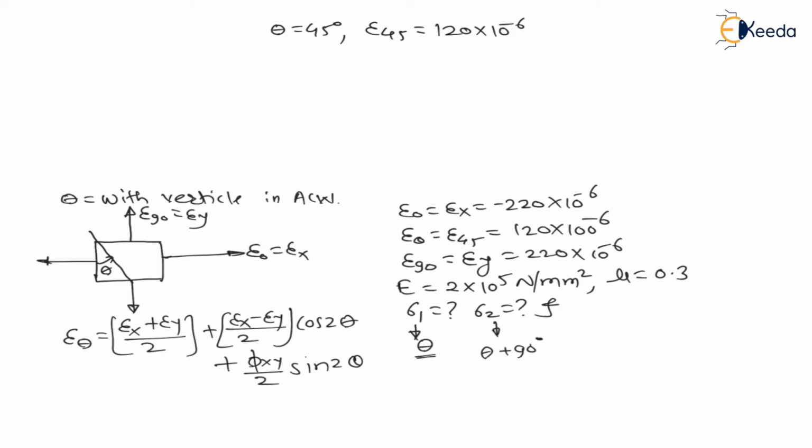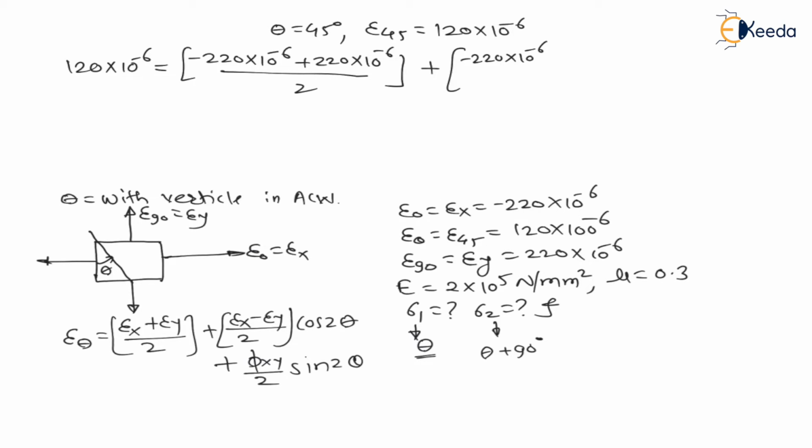E45 is given as 120 into 10 to the power minus 6. Therefore, put these values in the formula: 120 into 10 to the power minus 6 is equal to (Ex is minus 220 into 10 to the power minus 6, Ey is 220 into 10 to the power minus 6) divided by 2, plus (Ex minus Ey) divided by 2 into cos 2 into 45, plus phi xy by 2 into sin 2 into 45.